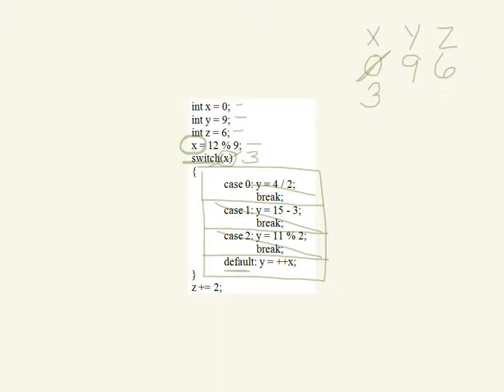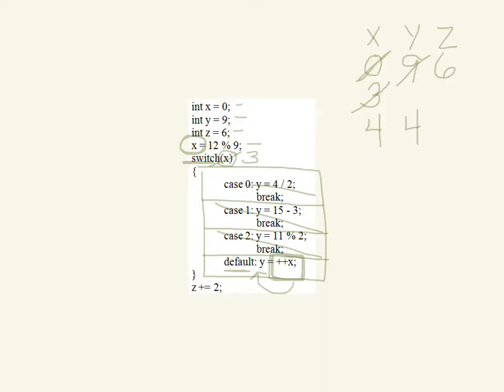What happens when I do plus plus? Remember, I always evaluate the right-hand side of an assignment first. Well, plus plus x means to increment x by 1, so my x now becomes 4, and then I store that value in y, so y also becomes 4.